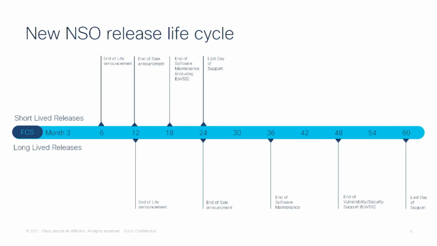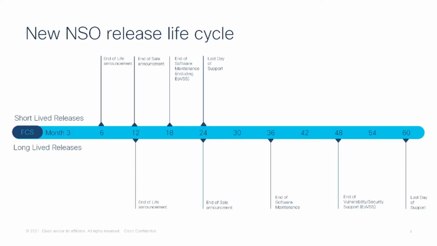We're changing that because a large part of our customer base would like a longer lifetime, when you build a platform that spans various parts of the network, and want a more stable environment. So we will have long-lived releases, which have an end of software maintenance at 36 months, and up to 60 months of support.